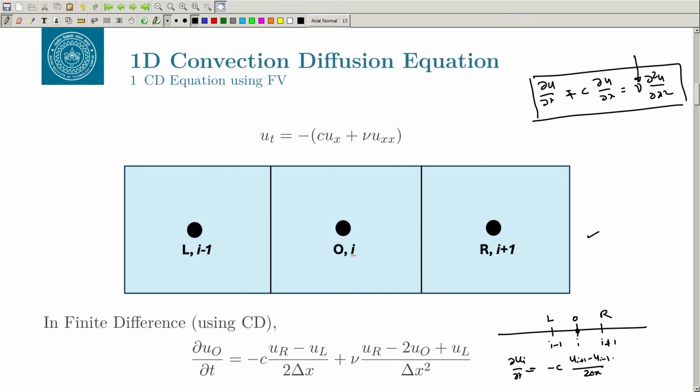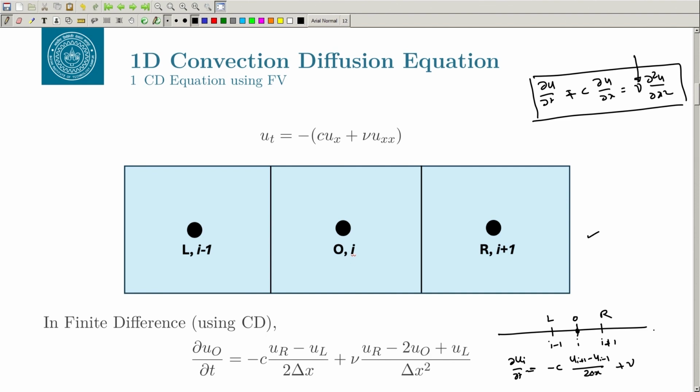Let us say you are using central differencing for the convection term. I am just assuming that we are using central differencing, but we have discussed that there are some issues with central differencing. What I intend to show you today is, let us say instead of finite difference you use finite volume in 1D. What are the differences that you see, or is there any difference? We have taken a uniform grid as of now.